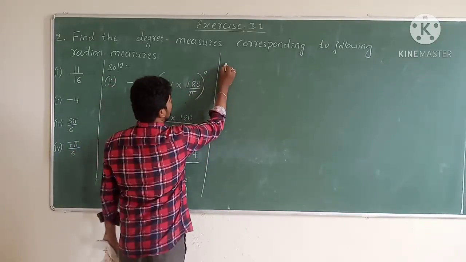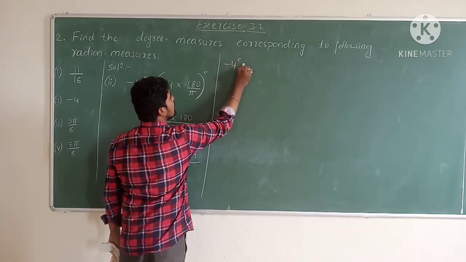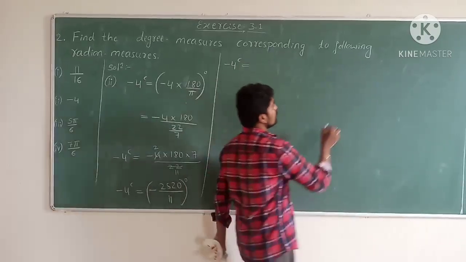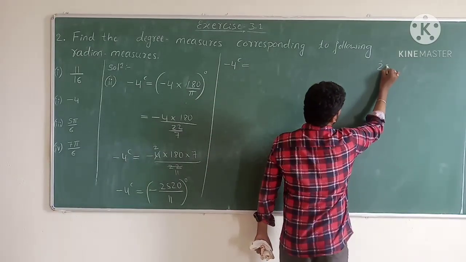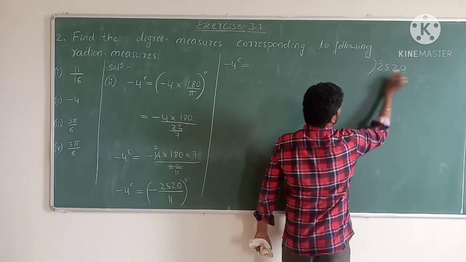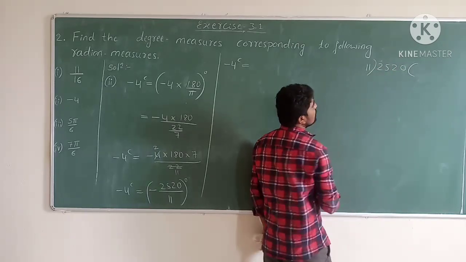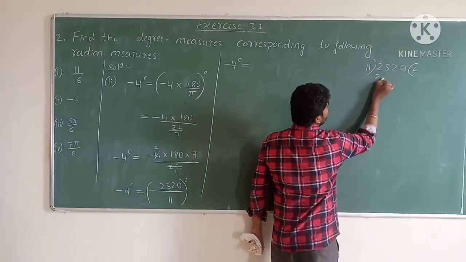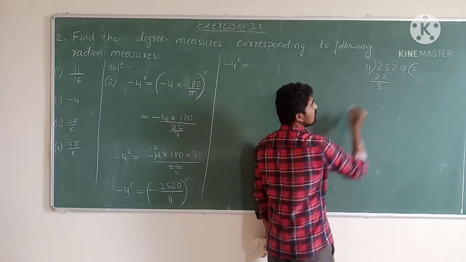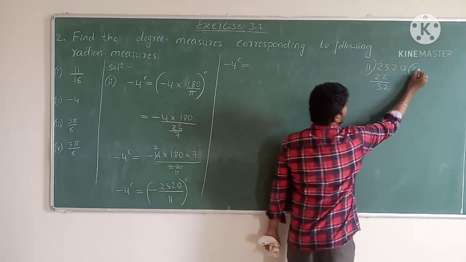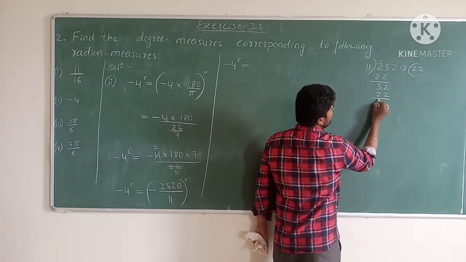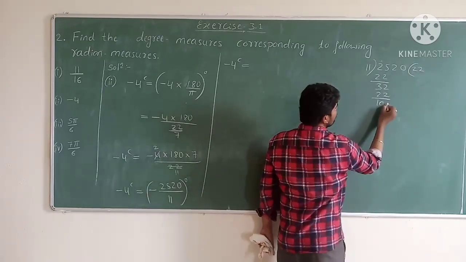Hence the value of minus 4 radian is equal to 2520 divided by 11. So 11 2s are 22. Remaining 3. Bring down 2. Again 11 2s are 22. Remaining 10. Again bring down 0, 2.